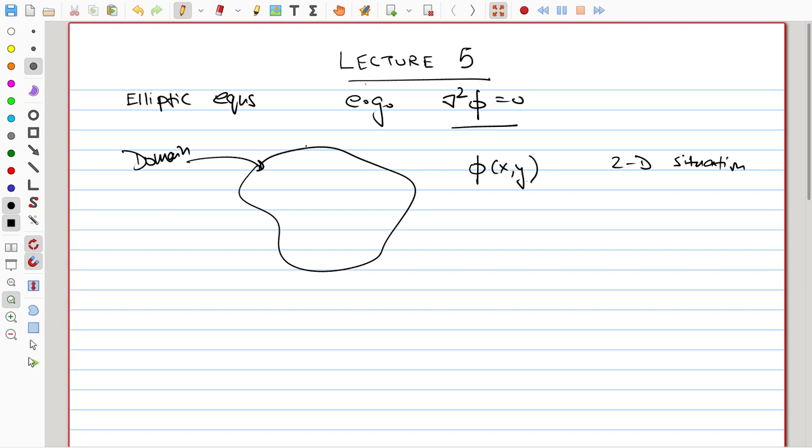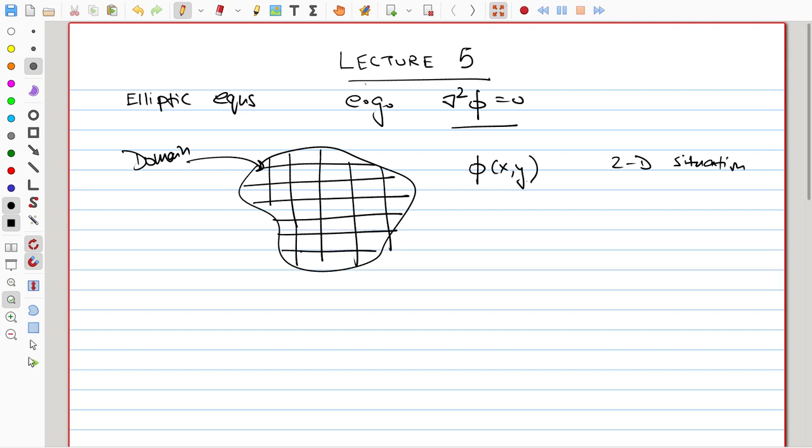So we generate a grid or a mesh, could be of any type. I'm just drawing one Cartesian mesh which is much easier to draw. So I draw some sort of a mesh which is just x and y lines, and each intersection point is called a nodal point. So a node of the mesh or a vertex of this mesh.